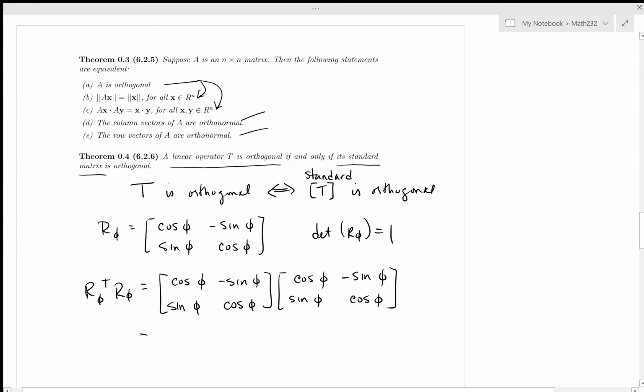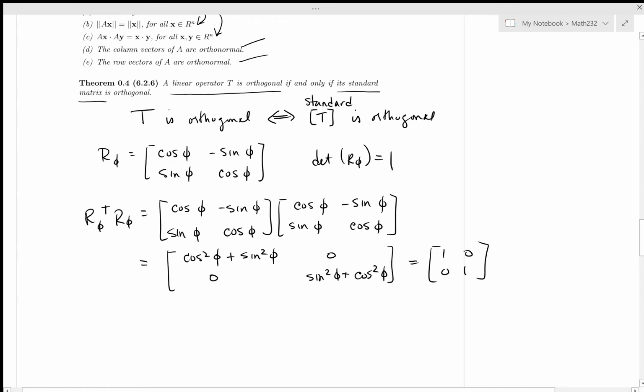That becomes cos squared phi plus sine squared phi, 0, 0, sine squared phi plus cos squared phi, which is equal to the identity. So we have that R phi transpose R phi is I, the identity matrix, the definition of orthogonal.